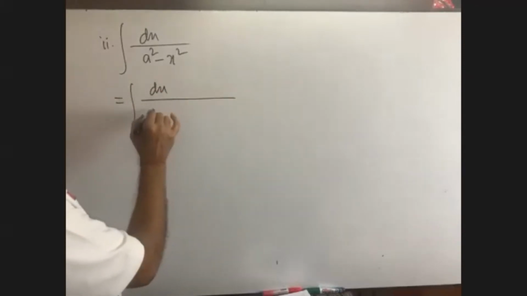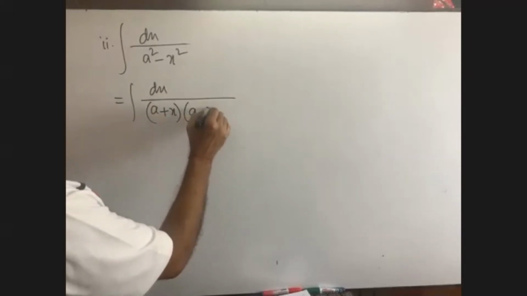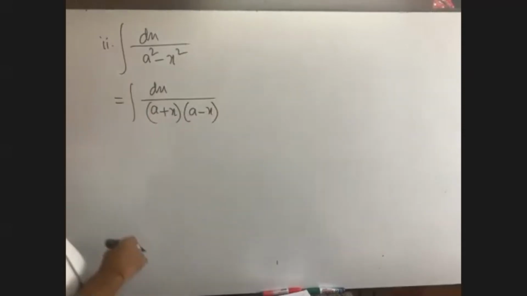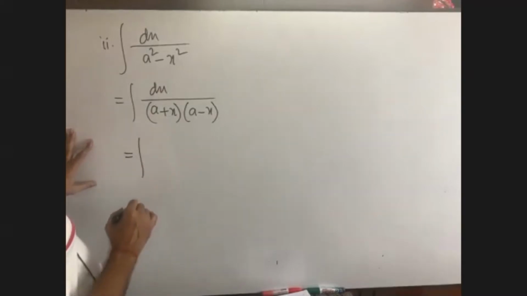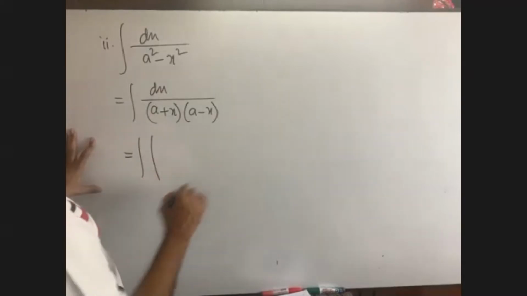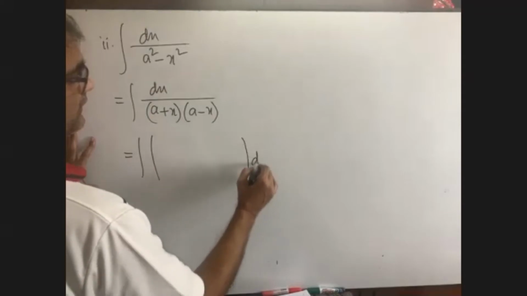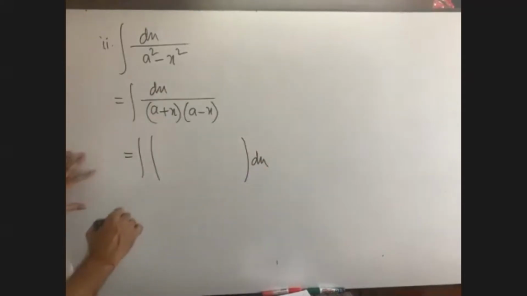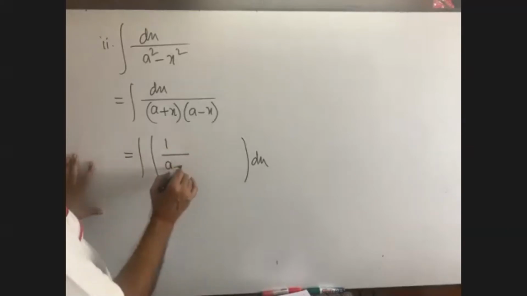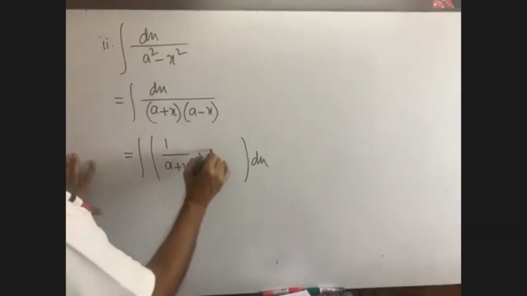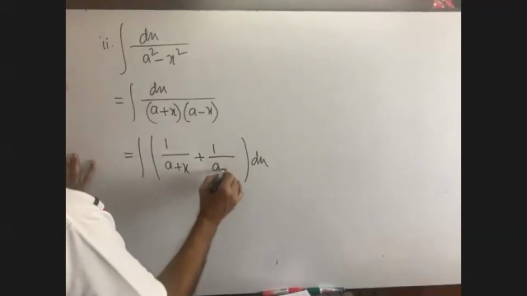We can write a plus x into a minus x. Can you write it down? Talk to me. Hello, everybody. Yes sir. You see, 1 by a plus x plus 1 by a minus x.